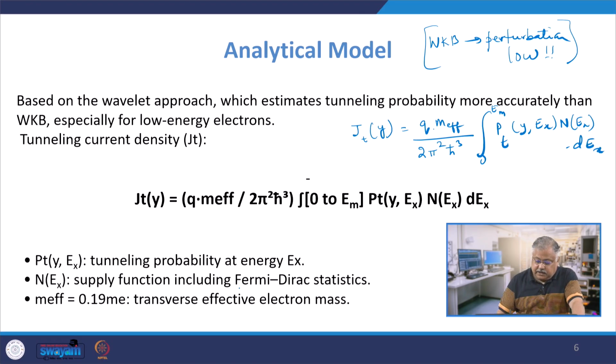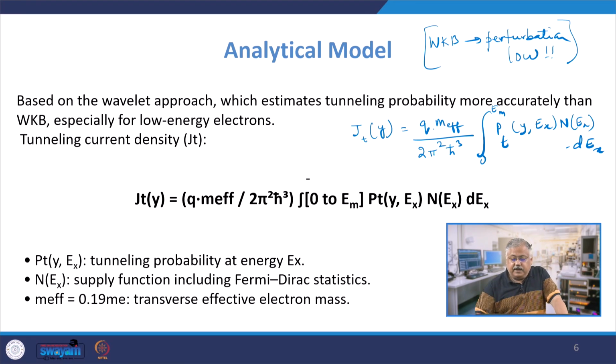What is P_t? It is the tunneling probability at energy Ex. So, at energy Ex, what is the tunneling probability? It is always space dependent and energy dependent, and therefore I write P_t as a function of y and Ex, and n(Ex) is the supply function included in that.